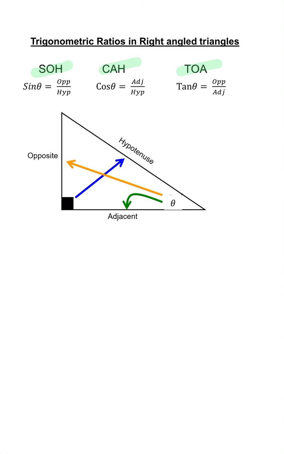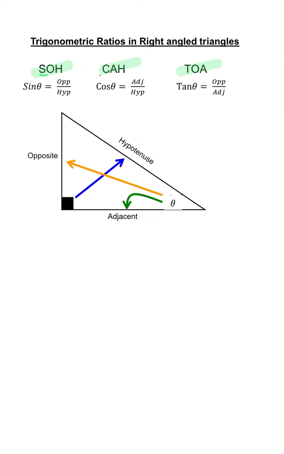Now, this is just a way of remembering these ratios, because the sine of the angle means the opposite over the hypotenuse. You can see how this S is the first letter there. So it's sine of the angle equals the opposite over hypotenuse, O over H. Next one is cos.